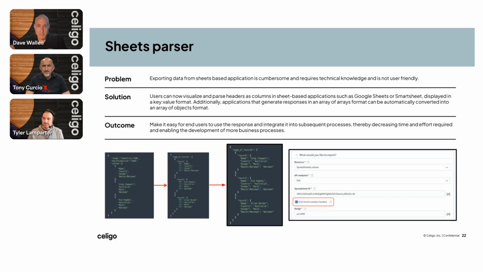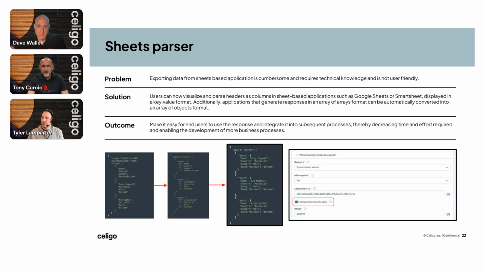And then lastly is a sheets parser improvement. A lot of exports for various applications, whether it's Google Sheets or Excel Online or maybe even QuickBooks, return a 2D array in the response, where the first thing returned within the response of values is your header columns, and then everything after that is all the values that you want.